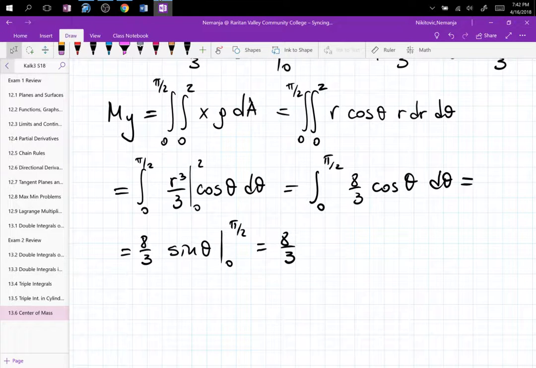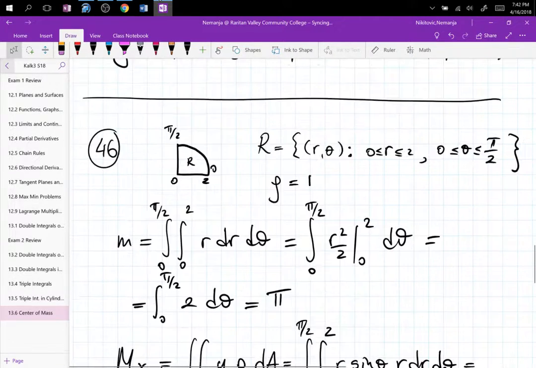Now, it makes sense to have both coordinates be at the same value, because the center of mass for something that is radially symmetric like this must be on the y equal x line, which is a 45-degree line. Just look at your shape.